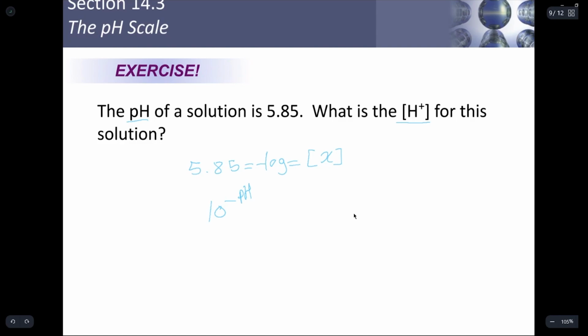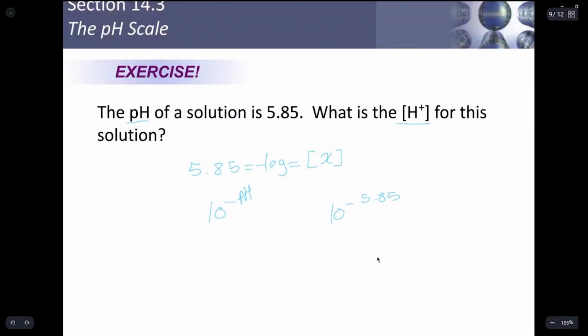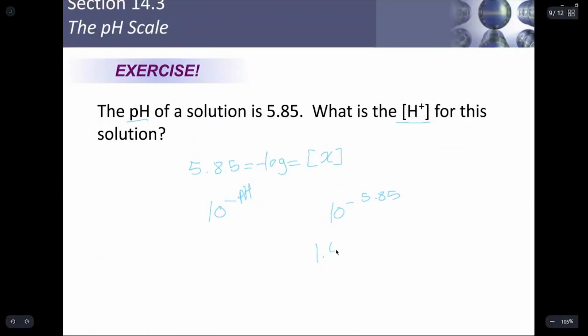So using the second method, you just put 10 to the power of negative 5.85, and we find that the answer is 1.4 times 10 to the power of negative 6. We would also get the same answer for x if we just used shift solve.